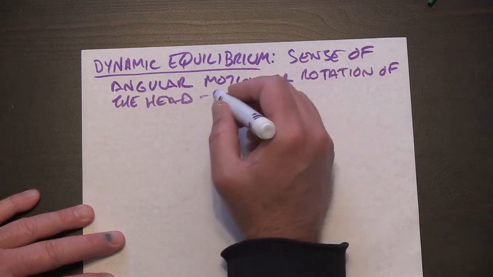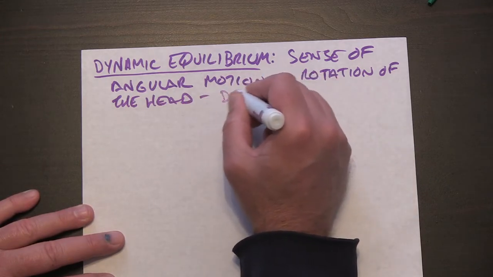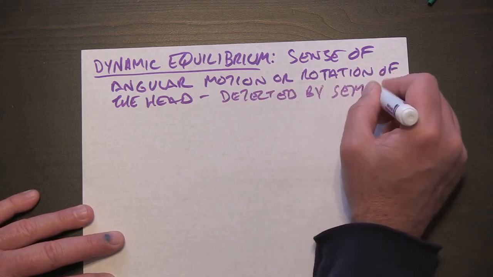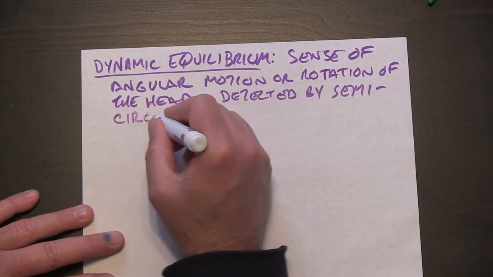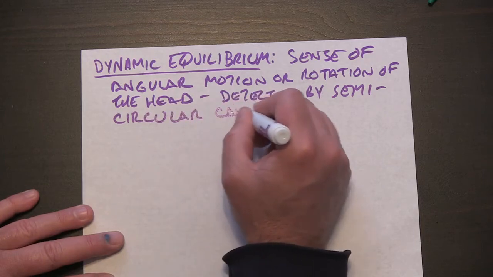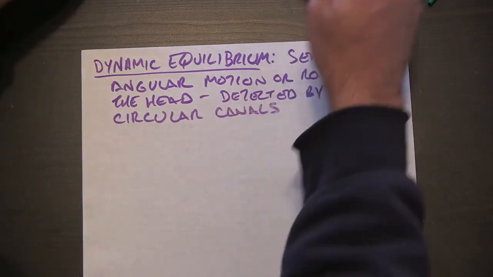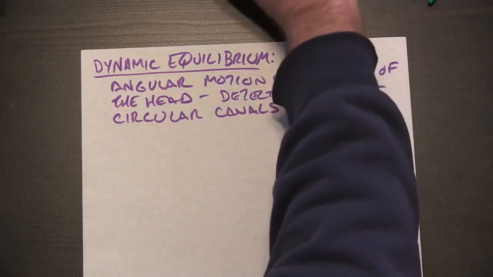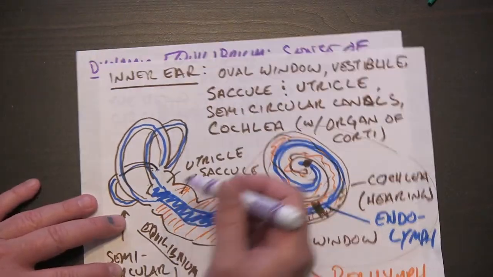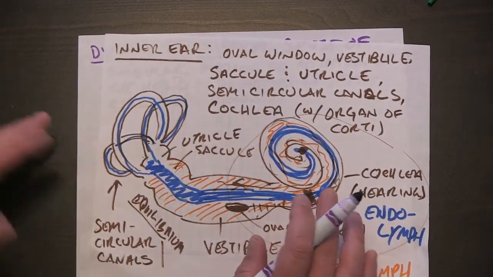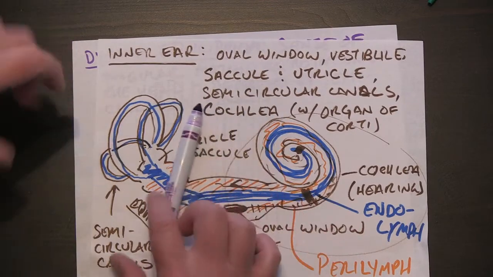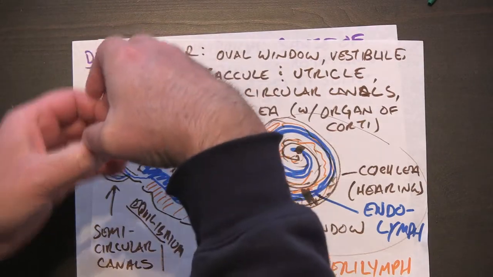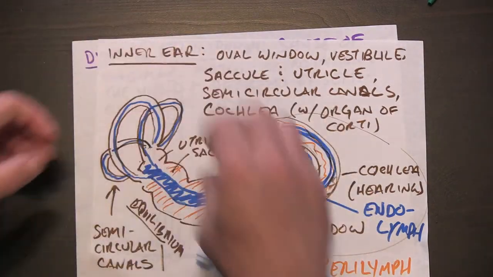And these are detected in the semicircular canals. If we go back to my really bad drawing of the semicircular canals, again, look at a picture in the book or online. These are semicircles, and they're set in different planes so that no matter how you move your head, you'll be able to detect it.